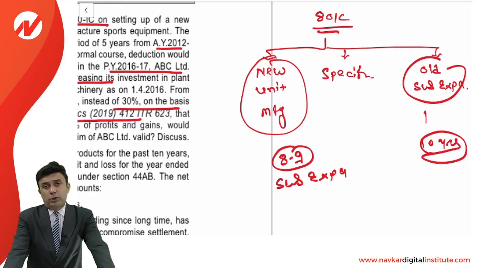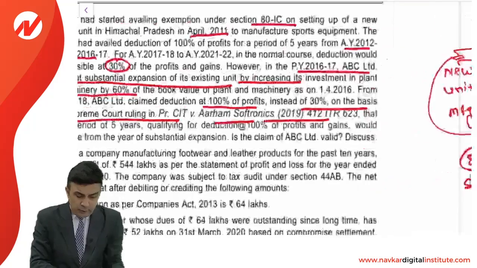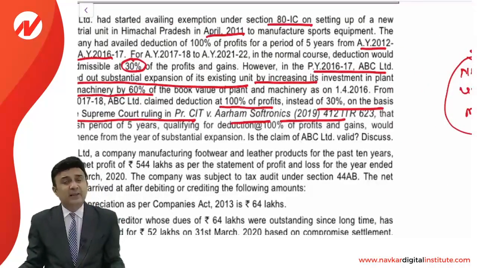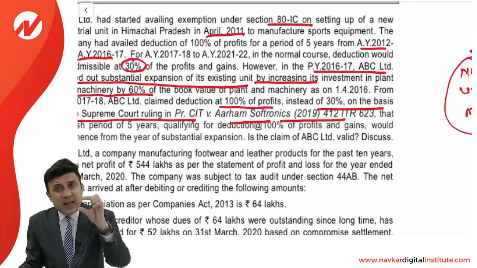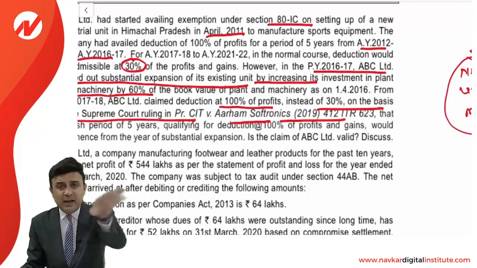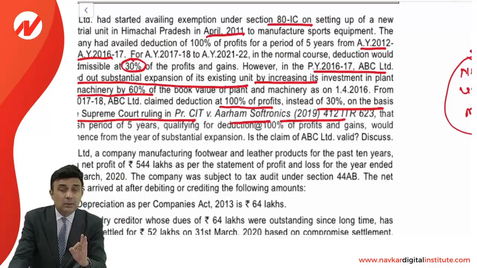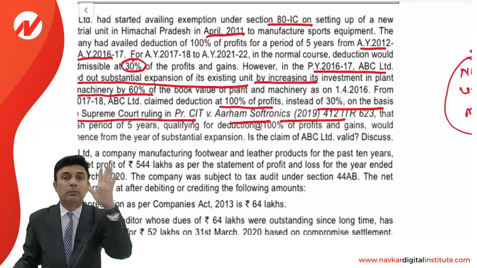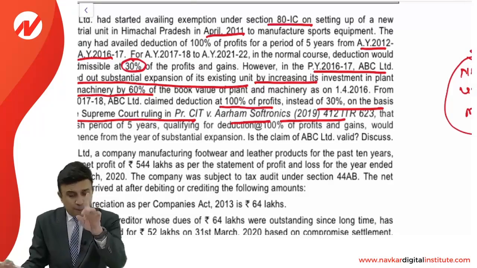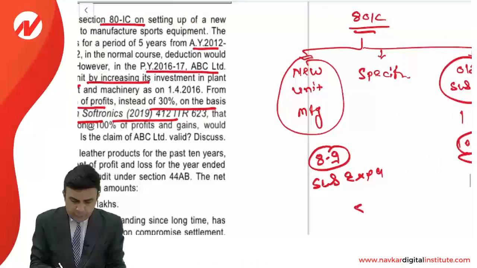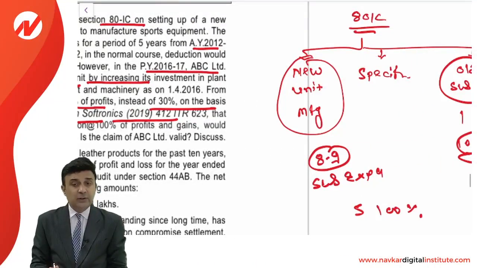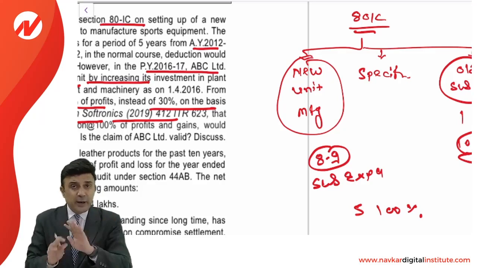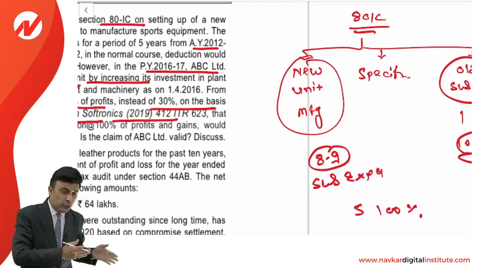The Honorable Supreme Court, in the case of Arham Softronics, has said that the 10-year limit is applicable. Agreed. But the Act is silent about the quantum. If my assessee has got first 5 years 100% deduction, and now if he doesn't go for substantial expansion, he is going to get it for 5 years.